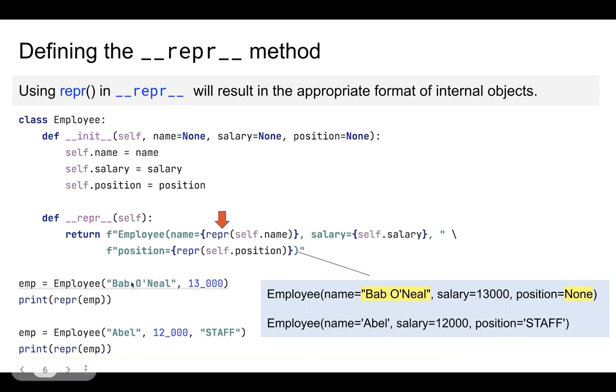So here I want the special character, the apostrophe, to be included. And so in this __repr__ function, for name, instead of just printing the name, I said, give me the representation of name. And for each of those strings, it'll get some of those hidden characters.